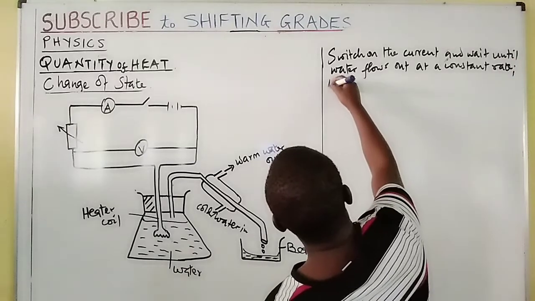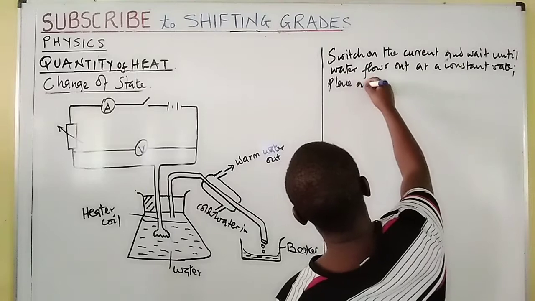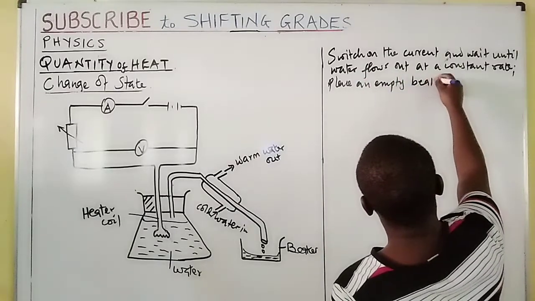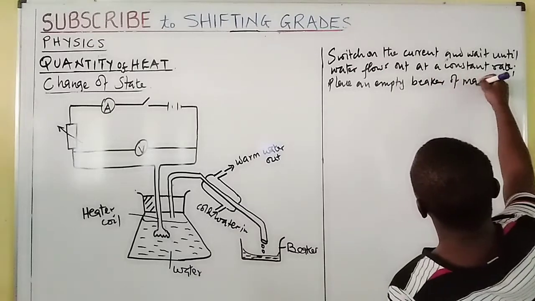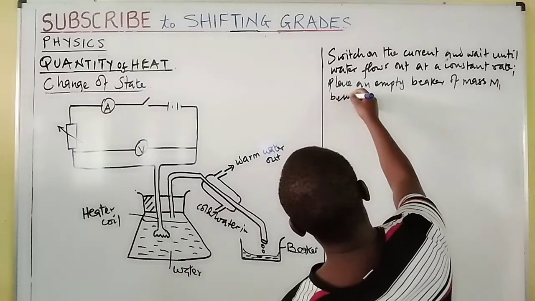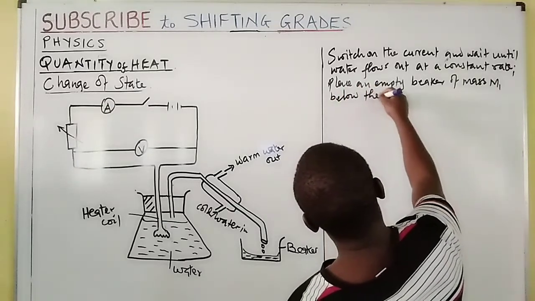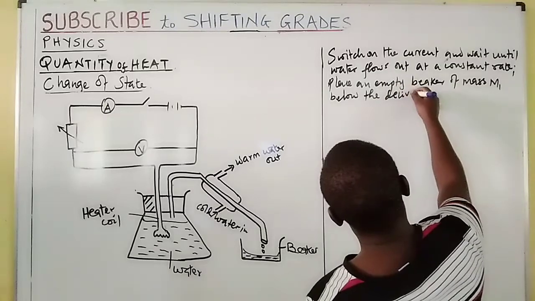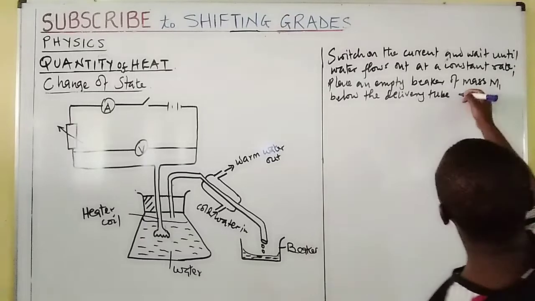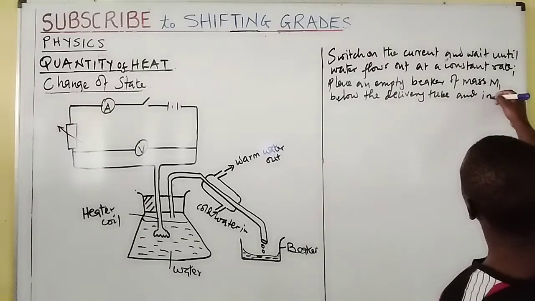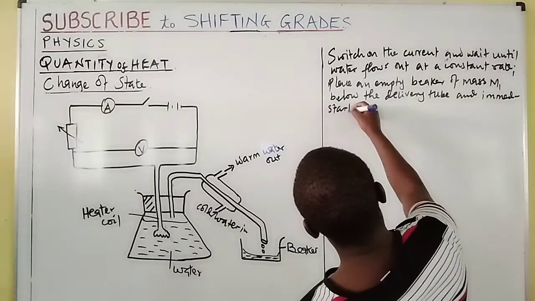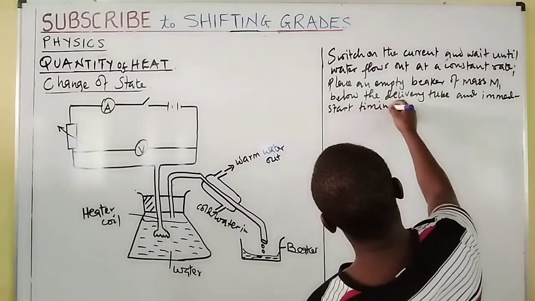Then place an empty beaker of mass M1 below the delivery tube, and immediately start timing.